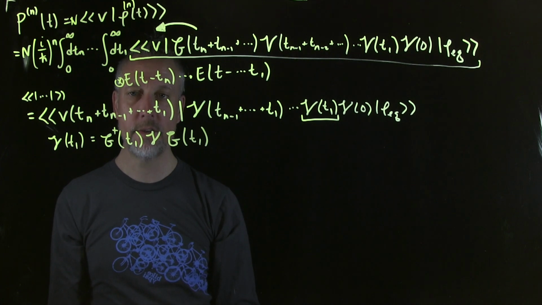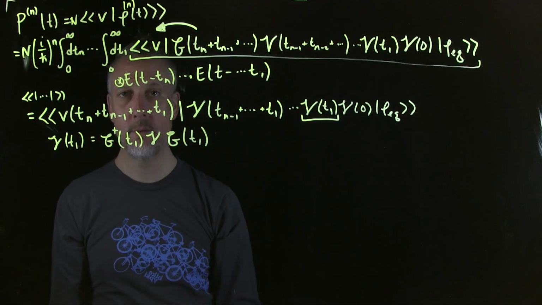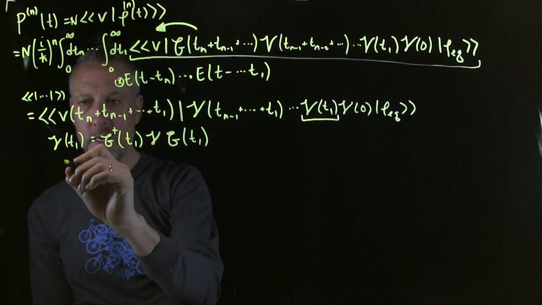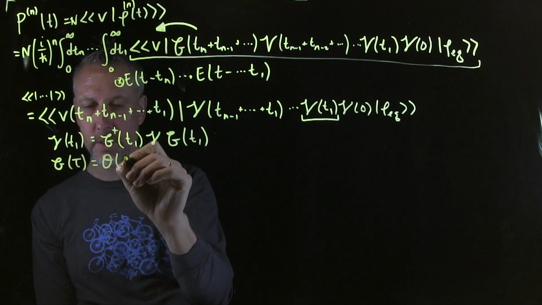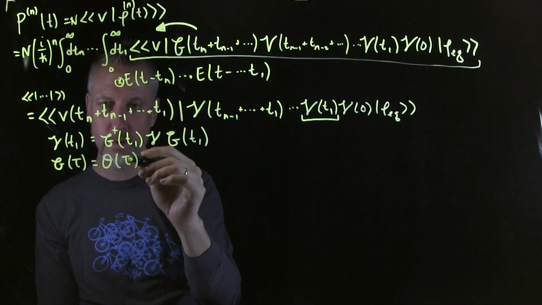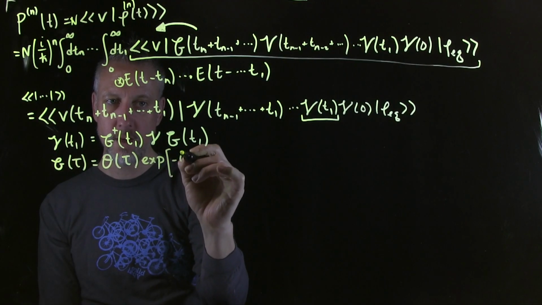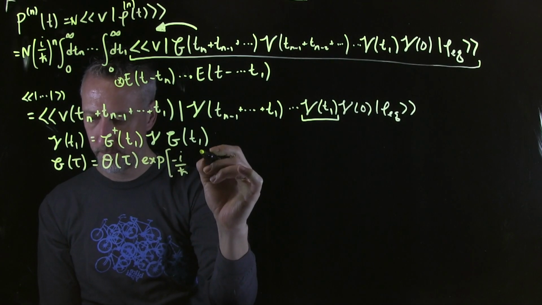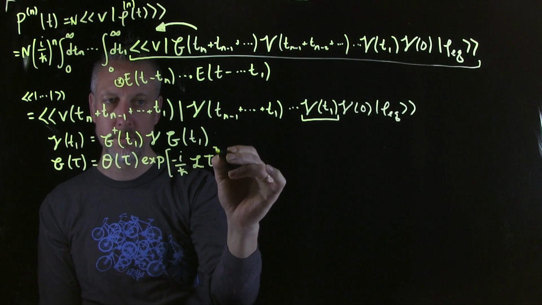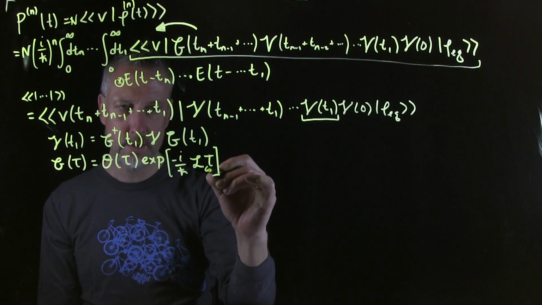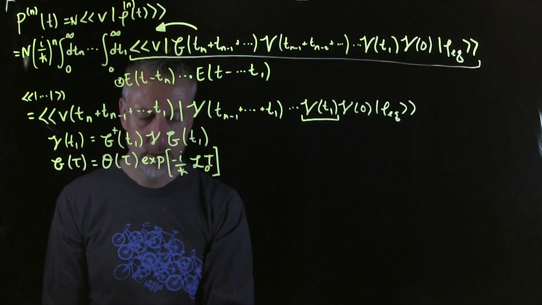The G's are nothing other than the time evolution operator with the Heaviside function on it. So what's G again? G of tau, for example, is Heaviside function of tau, so when this is greater than 0, times e to the minus i over h bar times L times tau. Okay, and the L was the L naught. This particular G is the L with L naught.